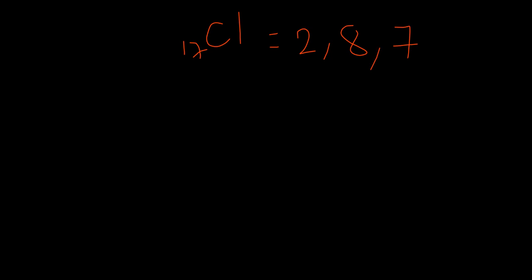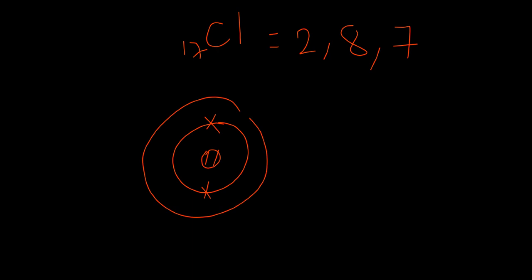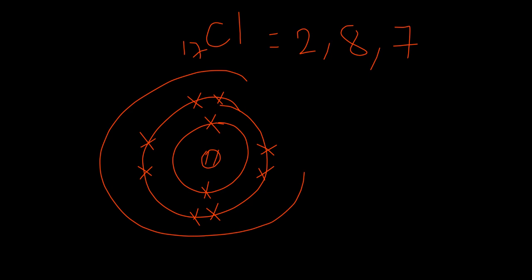Let's use this to draw the structure of chlorine. It will look like this. Of course, it has a nucleus. The first shell will have 2 electrons. Now the second shell will have 8 electrons. Then we have the third shell having how many? 7 electrons. So 1, 2, 3, 4, 5, 6, and 7.